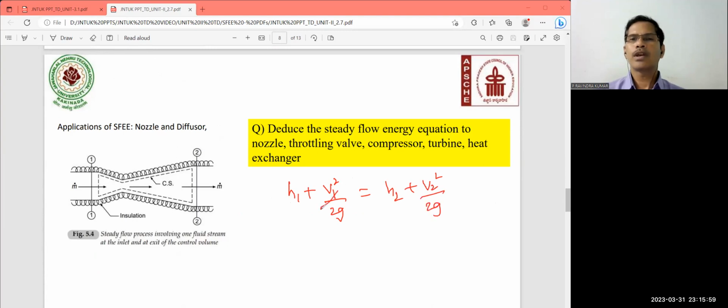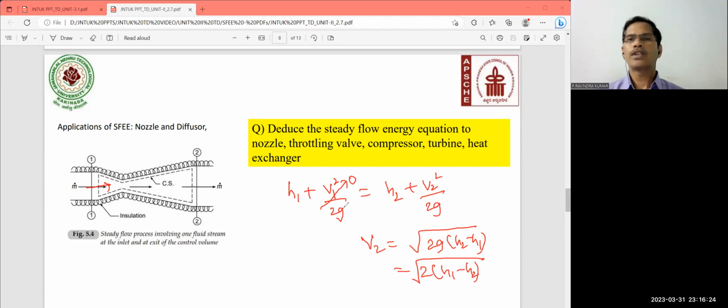Sometimes the velocity of approach is 0, right? In that case, the velocity V2 is equal to square root of 2G into H1 minus H2, right?